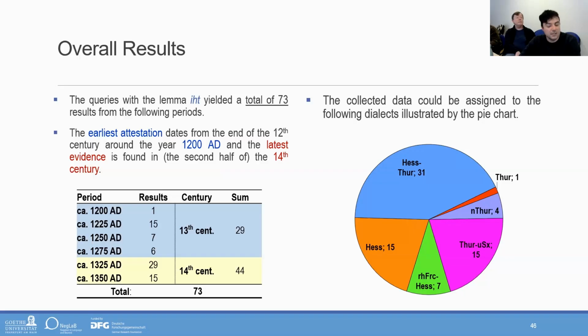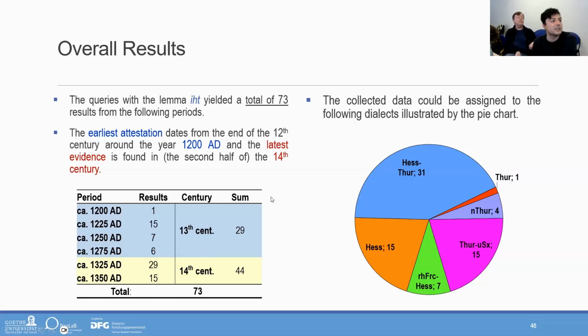But if you look into the details, you will see that there are attestations from different years. If you want to group them into bigger groups to be able to talk about them in a more general way, we can say we have examples from the 13th century and those from the 14th century.